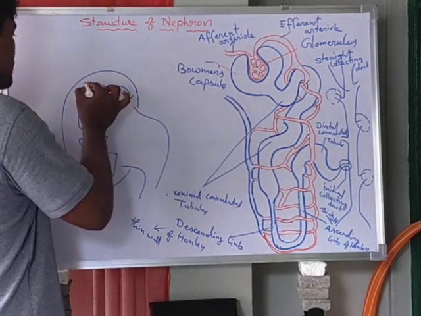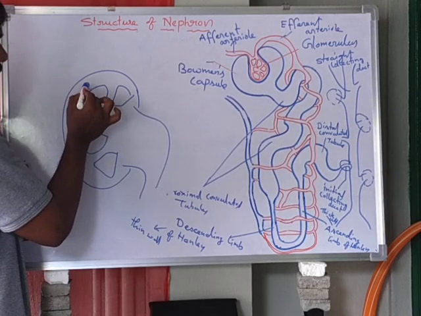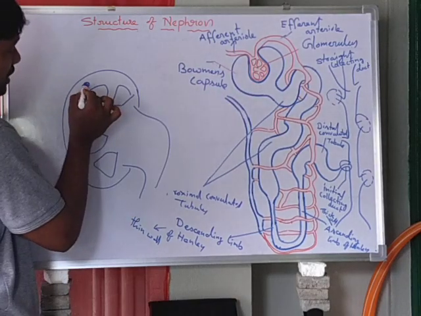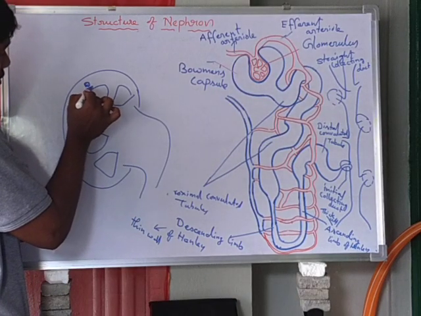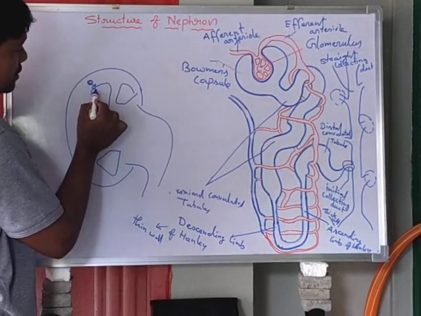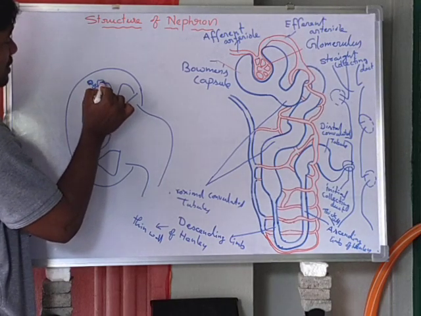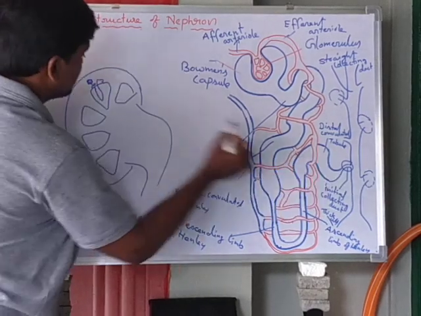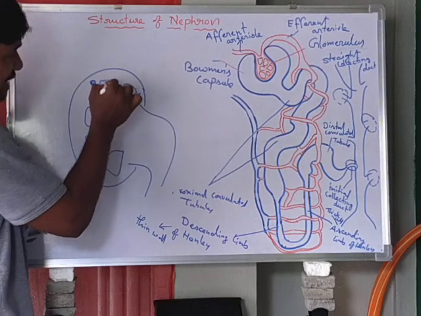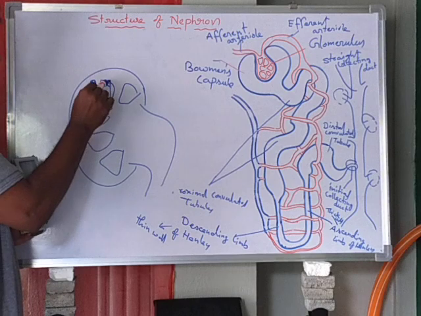Here we see this is the Malpighian body, that means Bowman capsule and glomerulus. Here this is the proximal convoluted tubule, and this one is the Henle loop, this is the distal convoluted tubule, and this one is the straight collecting duct.